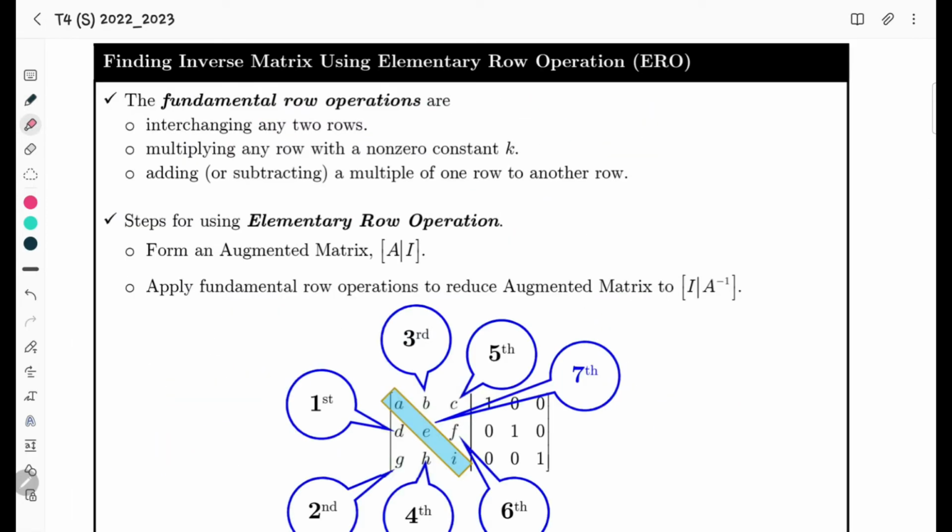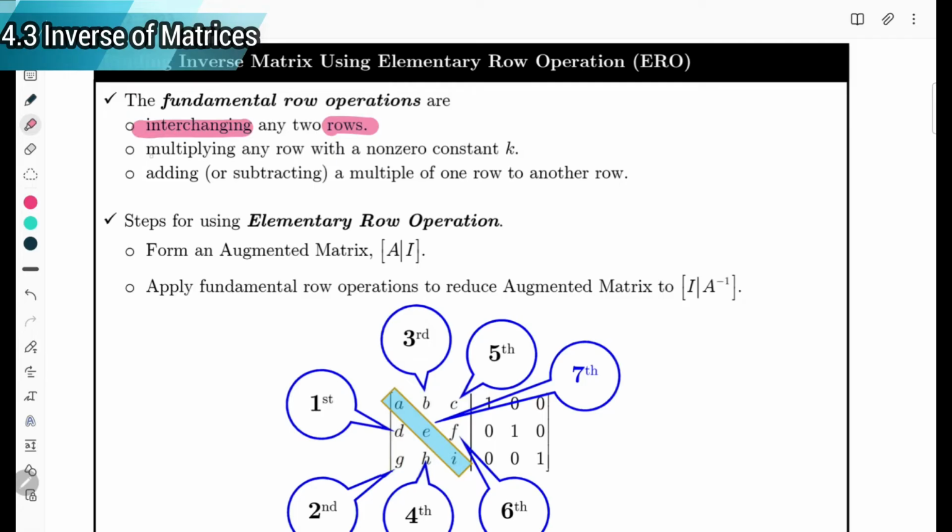Inverse matrix using ERO. The fundamental row operations are interchanging any two rows, multiplying any row with a non-zero constant k, and adding or subtracting a multiple of one row to another row.